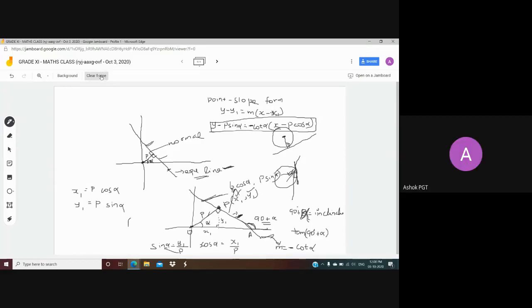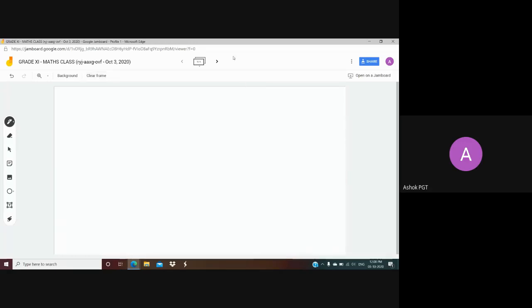Now we are going to simplify this concept. So till now, what we got is y minus p sin alpha is equal to minus cot alpha into x minus x1.